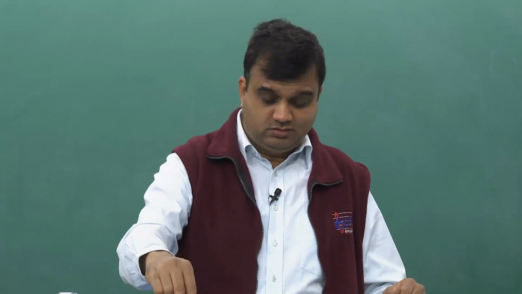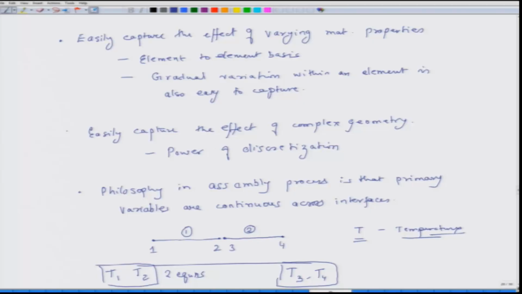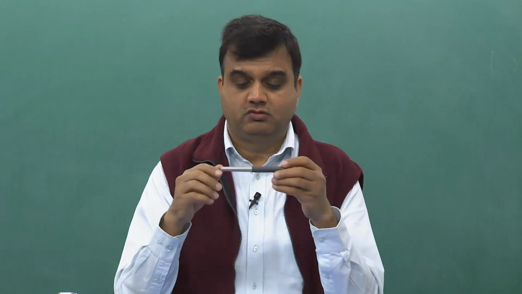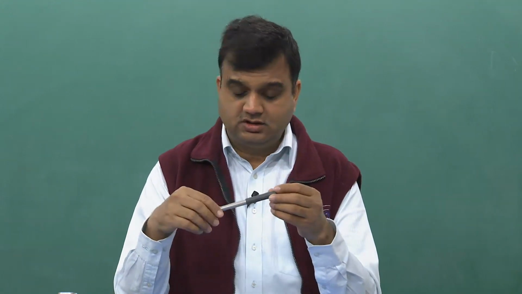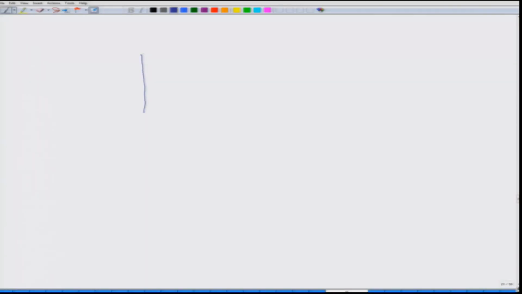Now, there could be a situation where the value of the variable at T3 may not be the same as the value at T2. What could be the case? For instance, suppose I have a piece of metal and there is a crack here, okay.